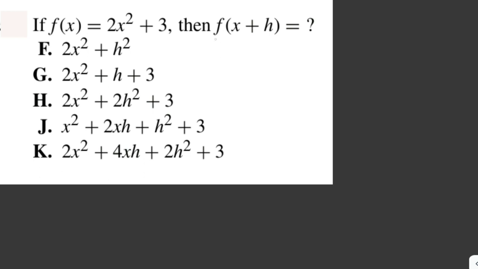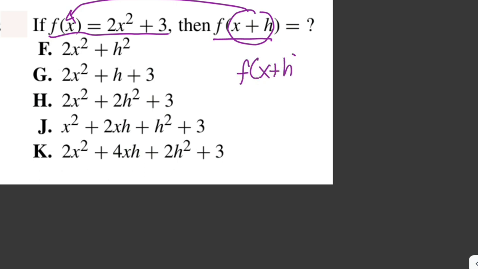Now to find the value of f of x plus h when f of x is equal to 2x squared plus 3, we just have to substitute x plus h for x. So f of x plus h equals 2 times the value of, we replace x by x plus h, so that is x plus h squared, plus 3. Now we can simplify this.